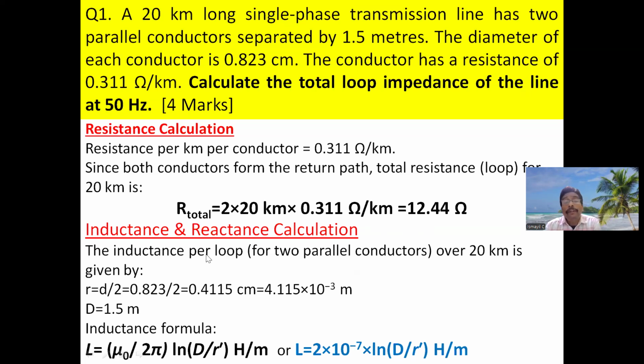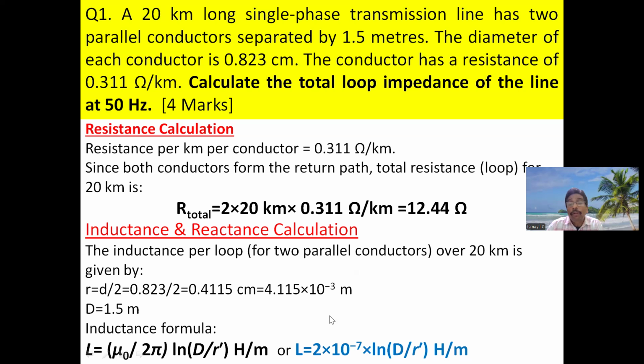Now we will calculate inductance and reactance of the conductor. First, we will calculate the inductance per loop of two parallel conductors over 20 kilometer. For that, we need the radius of the conductor and the distance between the conductors.